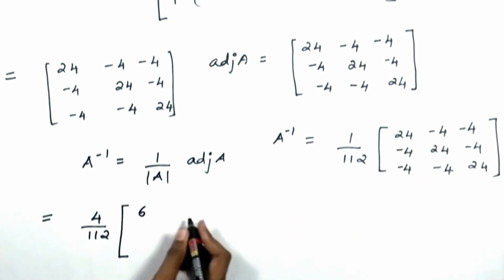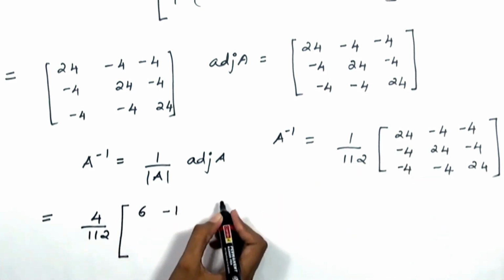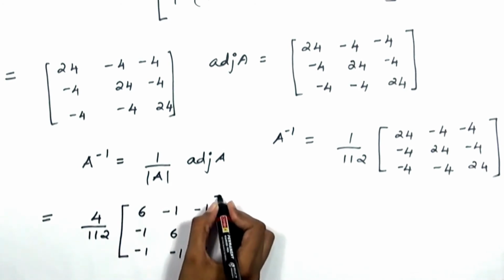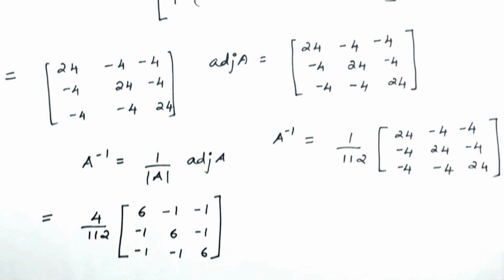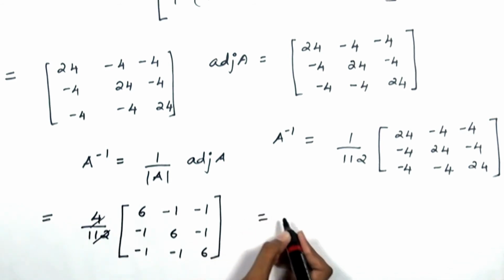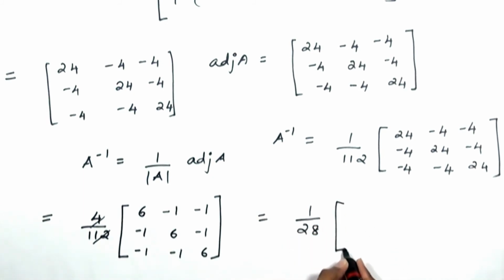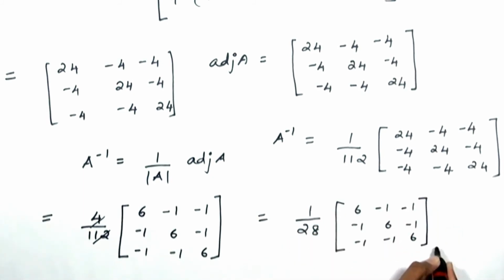Similarly, the others will get converted into minus 1, minus 1, 6, minus 1, minus 1, minus 1, 6 again. When we cancel out 4 and 112, we'll be getting 1 by 28, which is the final answer.